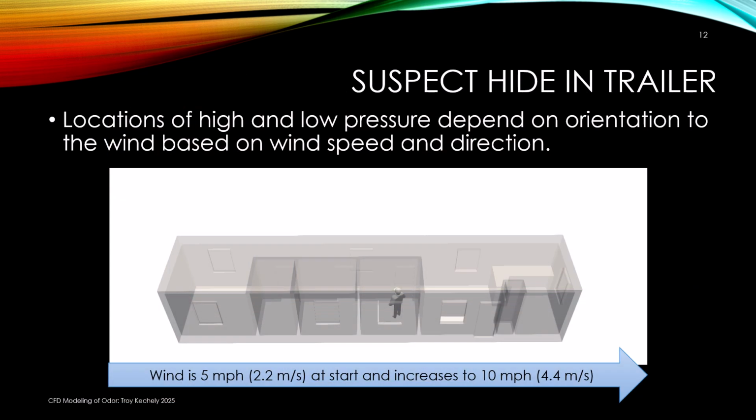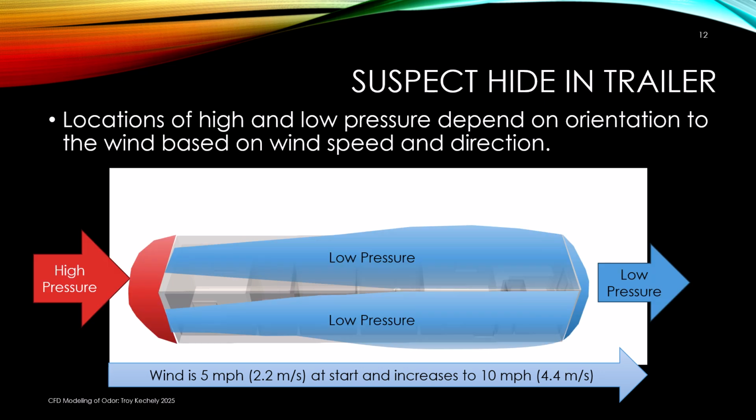Now, before we do the full animation, let's look at what that airflow is doing in relation to pressure. On the upwind side, where that wind is hitting that flat end of the trailer, that's a high pressure area. So odor is not likely going to be coming out of there because the air pressure is too high relative to the interior of the trailer house. But along the tops and the sides, where that airflow is nice and streamlined and fast going along the face of it, those are creating low pressure zones.